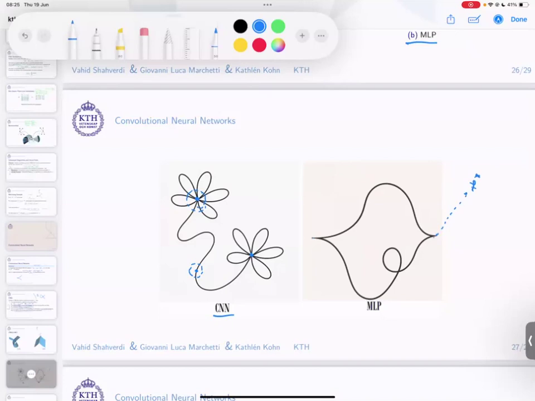But it's not the case for CNN. So initialization, correct or random initialization, is way more important in MLP than in CNN. Whatever you like, you can initialize your CNN and it converges to something good. But it's not the case for MLP. If you initialize in the subnetwork, you will remain in the subnetwork. So you might get a very bad accuracy, for instance, because of this cuspidal phenomenon that can happen.